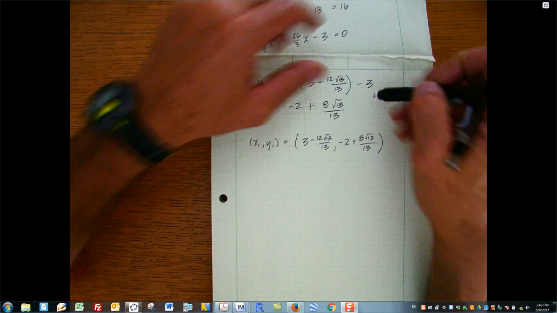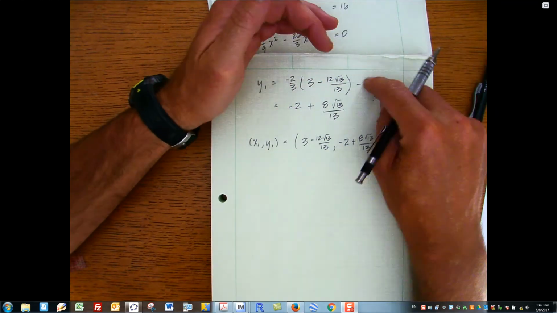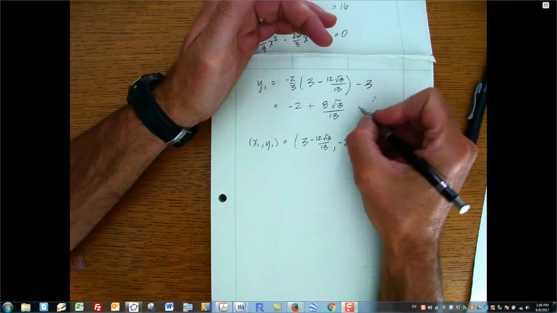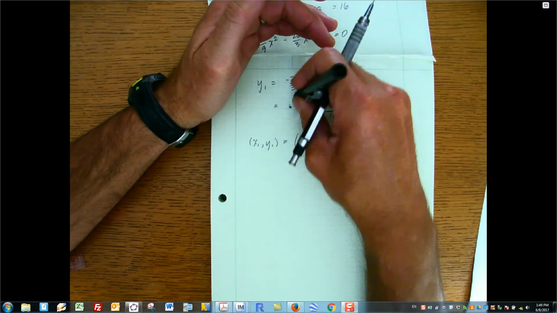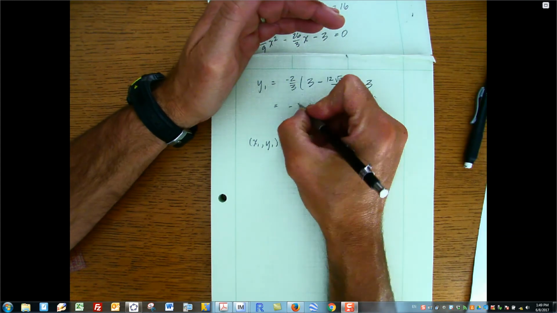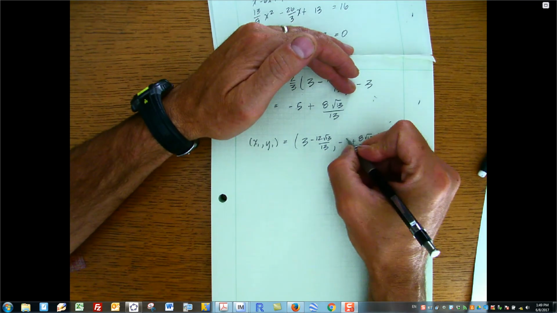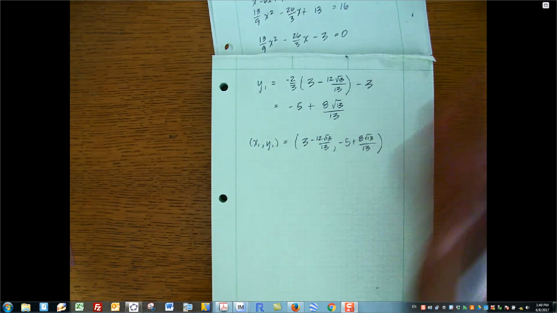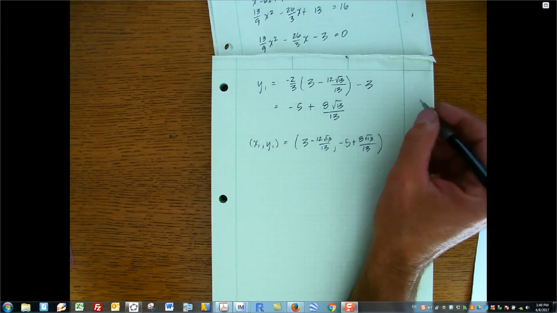Oh, I just realized I made a small mistake here. I failed to bring down the negative 3, right? Because the negative 3 and the negative 2 should make this a negative 5. So there we go. I believe that looks a little bit better. We'll test it in just a second.